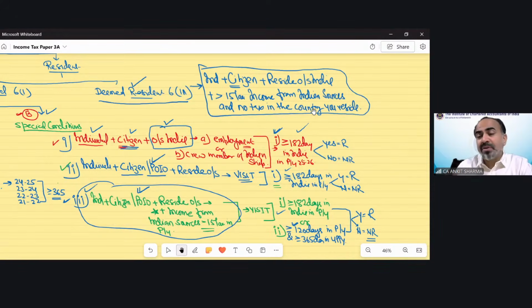In the third point, you need to visit India for 120 days, etc. But if you fulfill these conditions, you are an individual citizen, you reside outside India, more than 15 lakh income, and no tax in your country, then even if you do not come to India in the previous year, you will be treated as a deemed resident. And of course, one more condition: there should not be any tax in the country you reside.